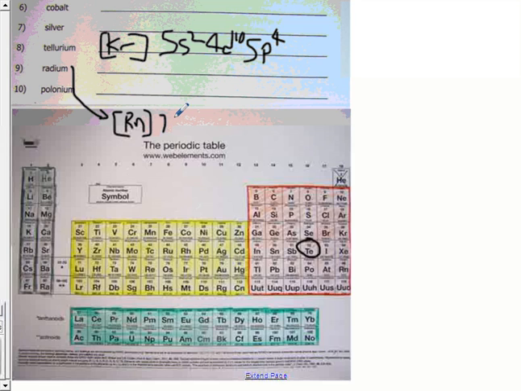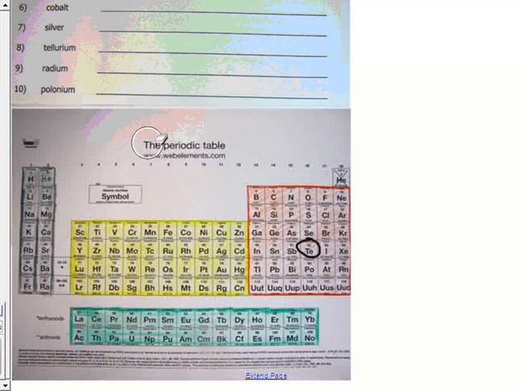And that's it. That's all you have to do for that one. So then the next one that we're going to do is polonium. And polonium is found right here. So for polonium, we are going to go back to the previous noble gas, which is xenon.